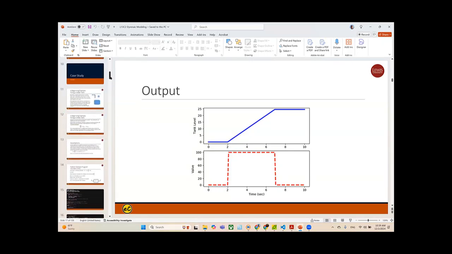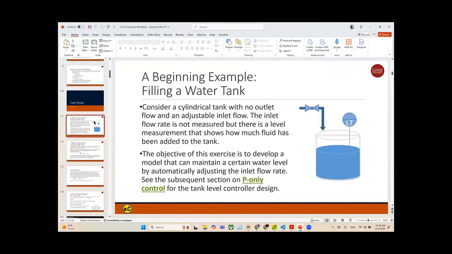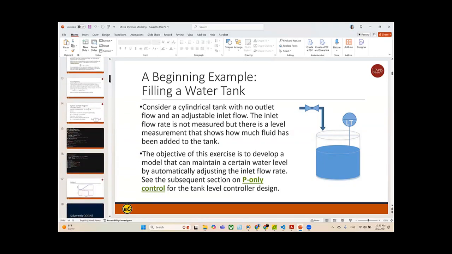Okay, anyway, that actually is the first simple dynamic system. You do have one variable to control and two variables to control it.